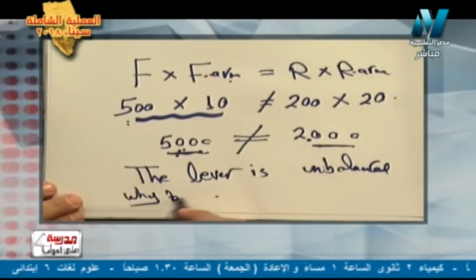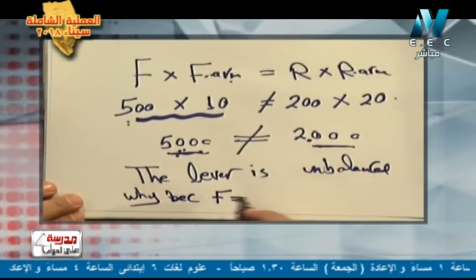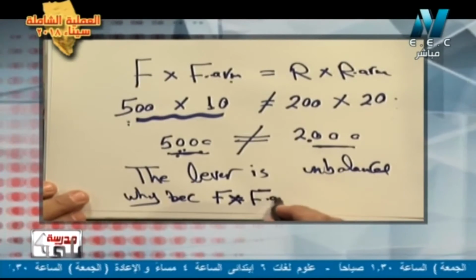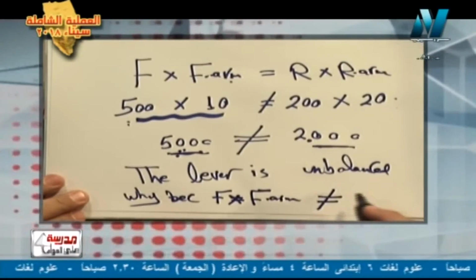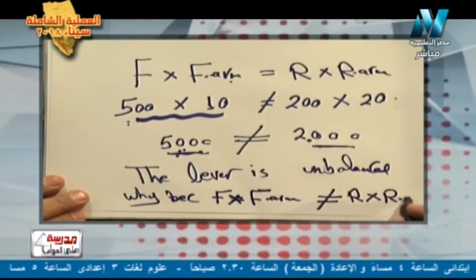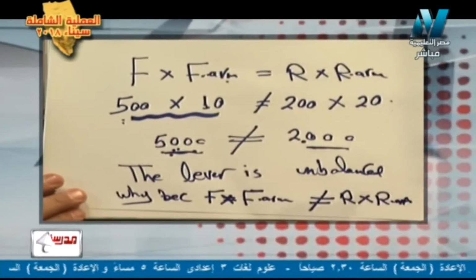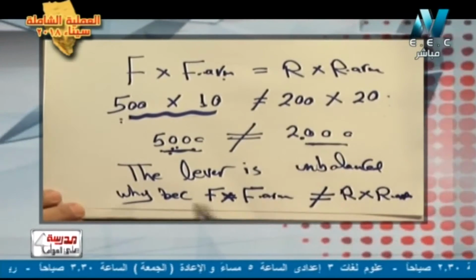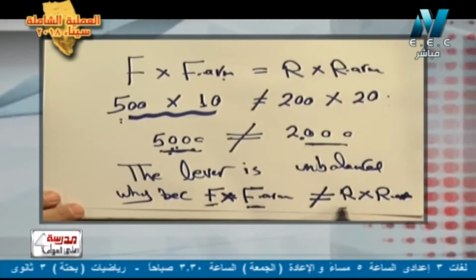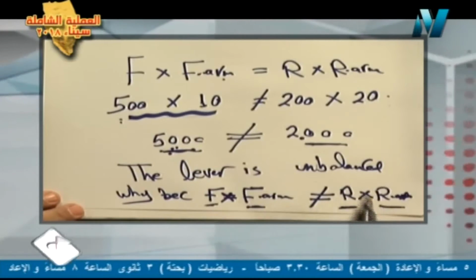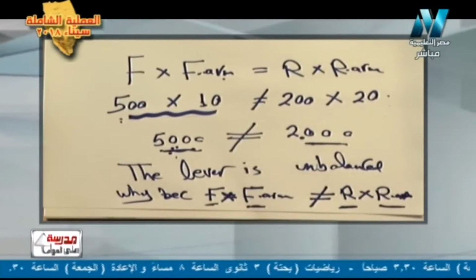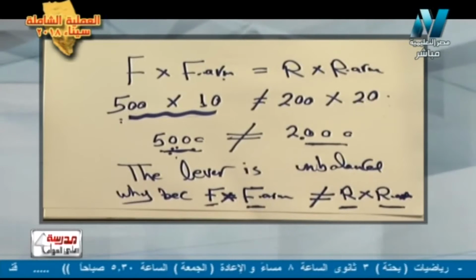Simply because effort force by effort force arm is not equal to resistance by resistance arm. In this particular problem we saw that the two values are not equal. So the lever is unbalanced because the effort force by effort force arm isn't equal to the resistance by the resistance arm.